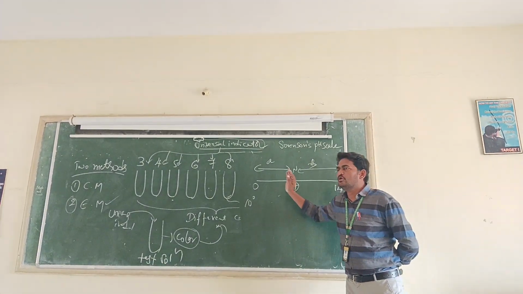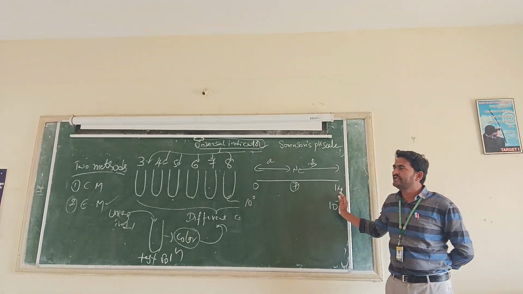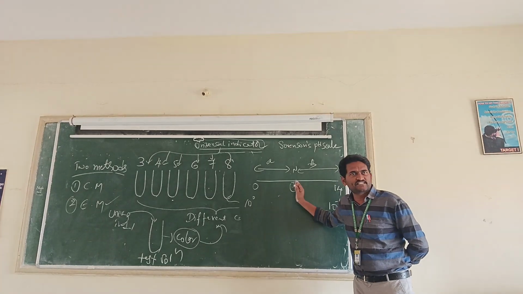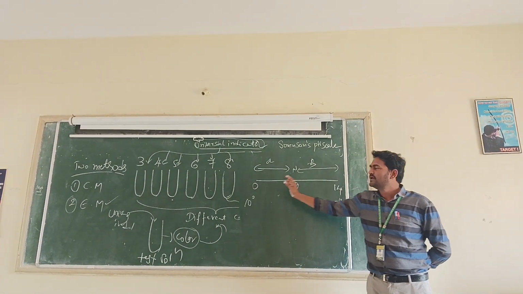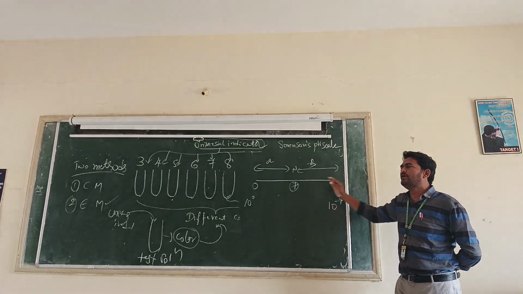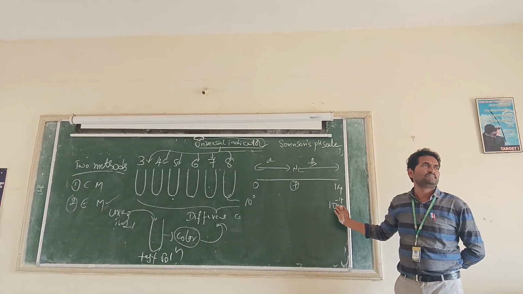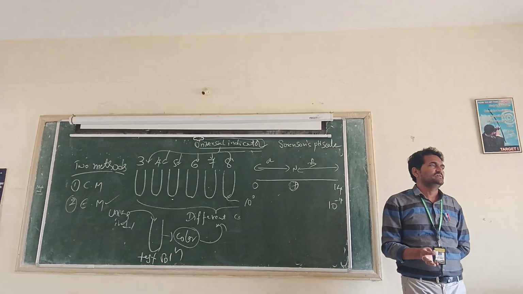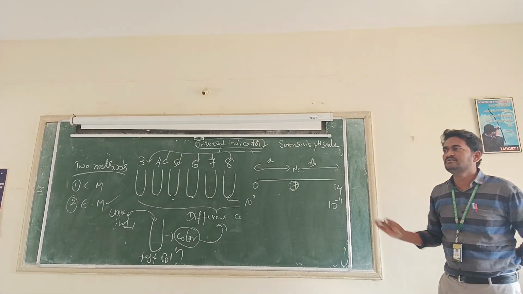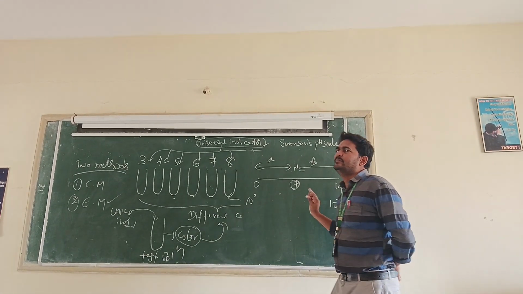Sorensen's pH scale consists of readings from 0 to 14. From 7 to 0 it is considered acidic in nature, and from 7 to 14 it is alkaline or basic in nature. The center, 7, is considered the neutral pH. That is about the Sorensen's pH scale.